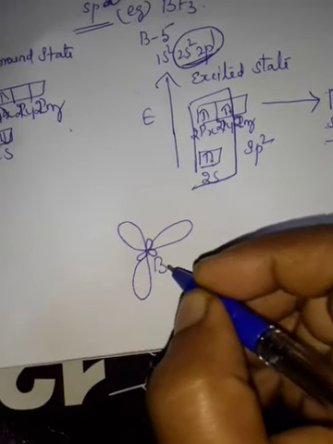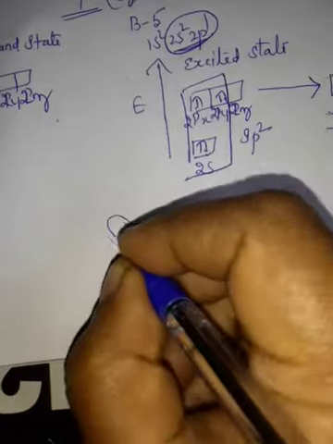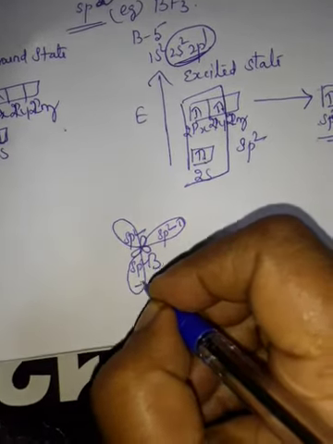This is for boron, sp2 hybridized orbitals having 1 electron each.